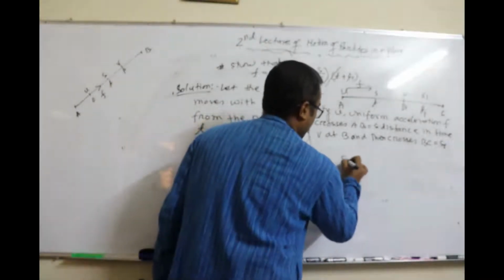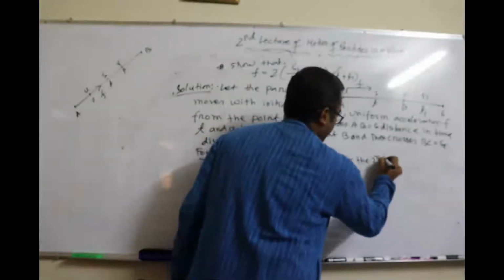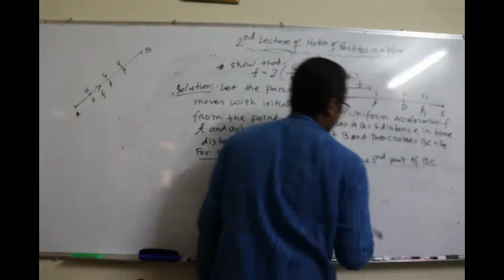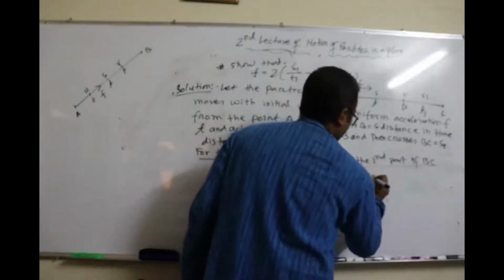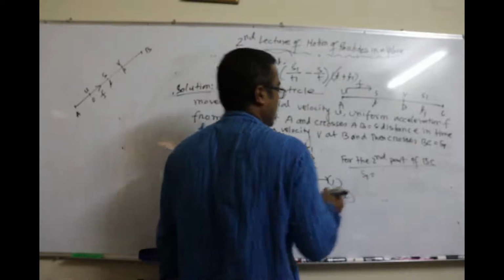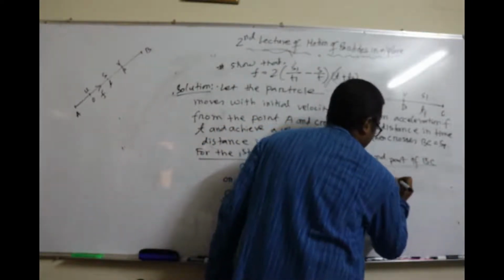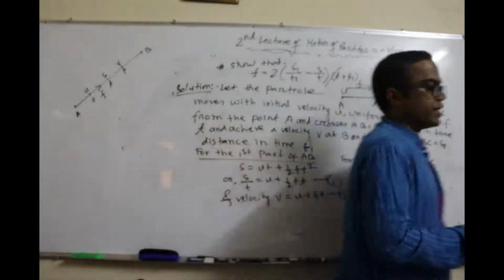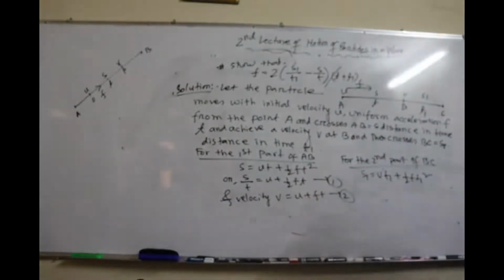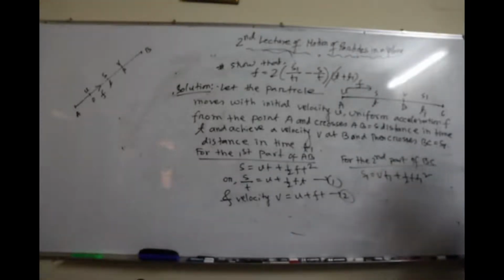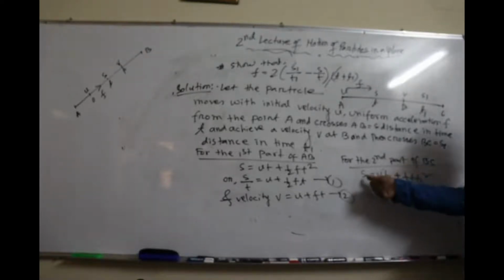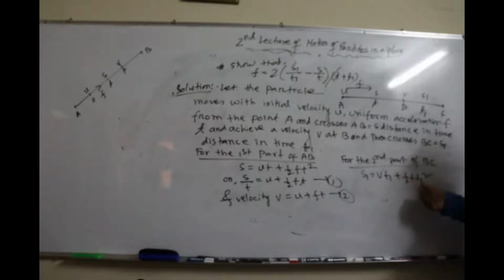Second part, for the second part of BC, you can write s1 equal to vt1 plus half of ft1 square. Clear, my dear student? Any confusion? Here initial velocity means the final velocity of the first one. So s1 equal to vt1 plus half of ft1 square.